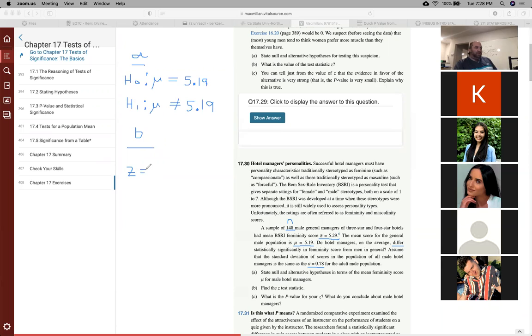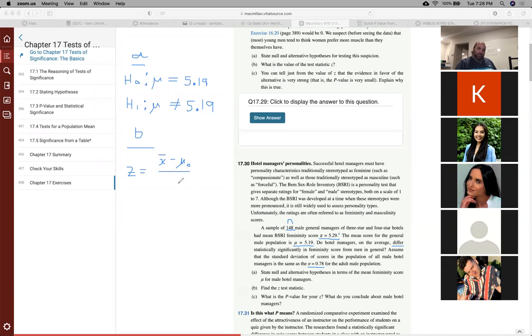Well, what's the formula for the test statistic? I believe we did it a few minutes ago. X bar minus mu given, mu naught, N-O-U-G-H-T, mu naught.